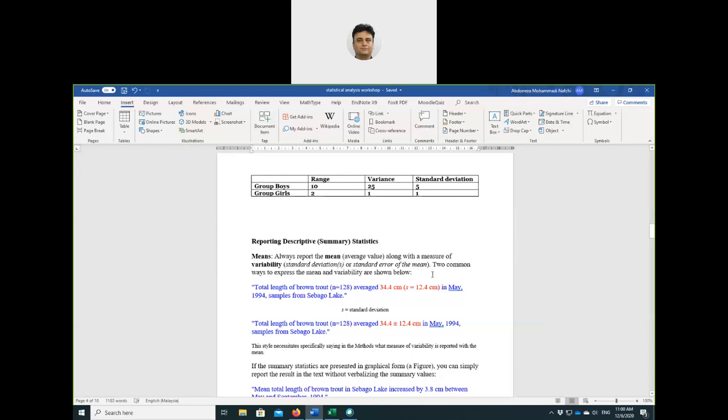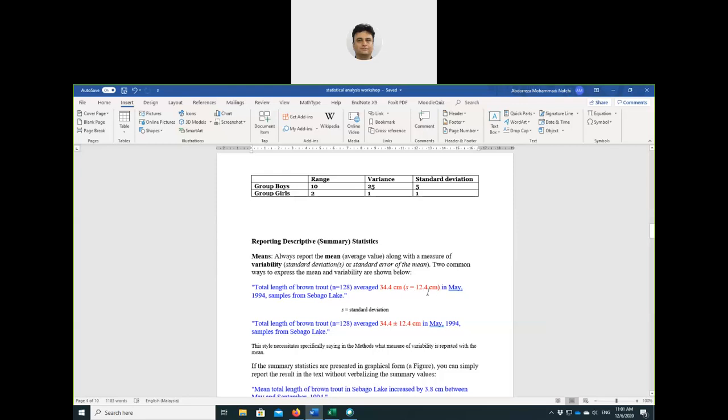For reporting in the text, it needs something like this. Just taken from one text, they reported n number of measurements, average 24.4, and in brackets they put s as the standard deviation.